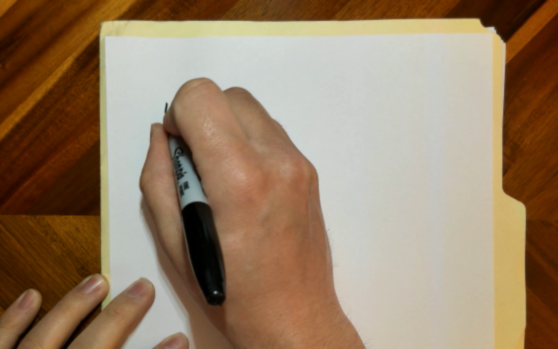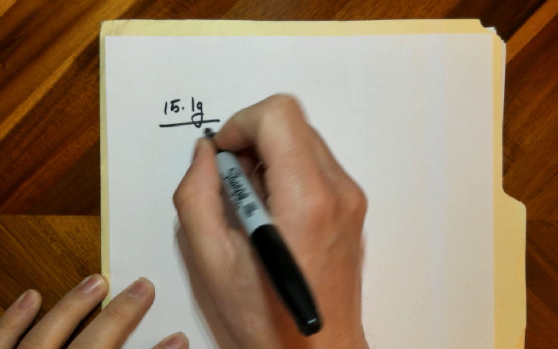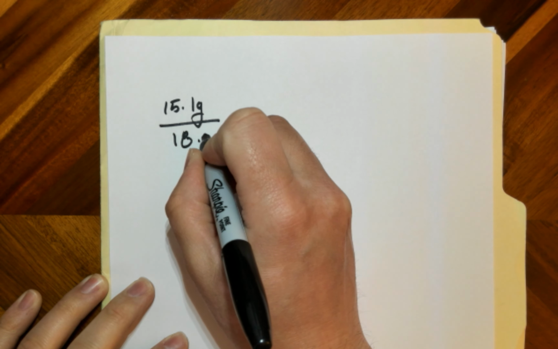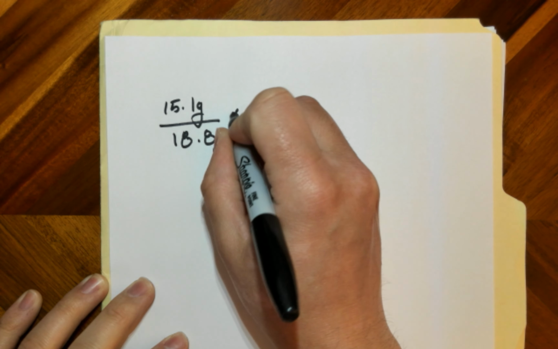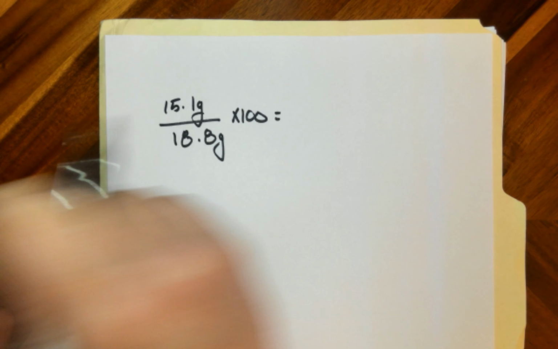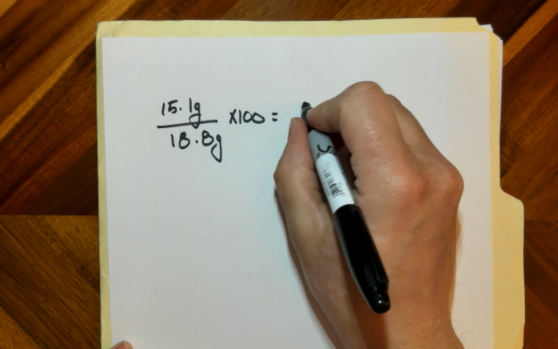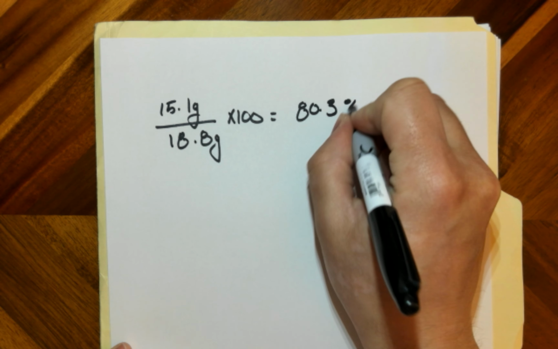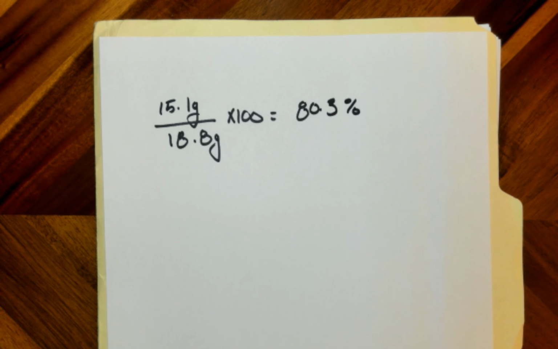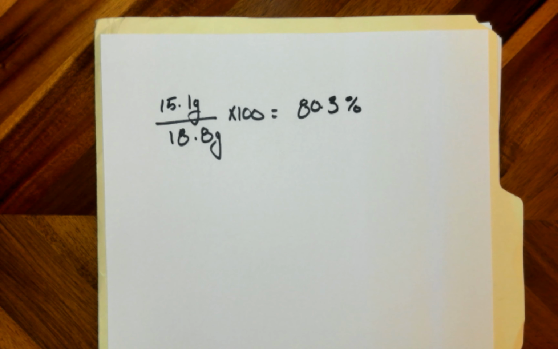And so that's going to be 15.1 grams over 18.8 grams times 100. And that gives us our answer. And you should have gotten 80.3%. Now here's another question. Is this a good result? We're going to come back to that later, but for now, I want you to make sure you have this answer in your box, and you want to keep that question in mind. Is this a good result?